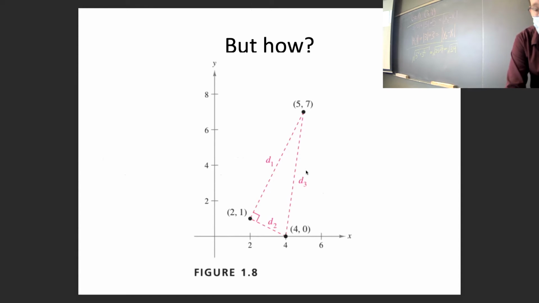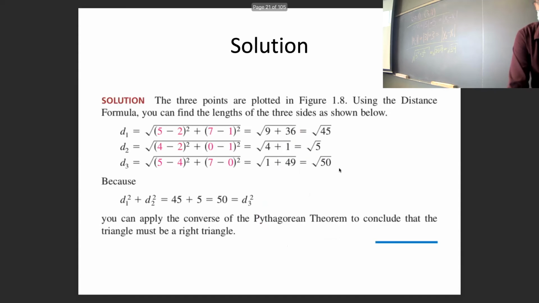That said, if we were to plot these points, we might notice that 2 of these lines are at right angles to each other. And because of that, all we've got to do is find D1 and D2, then we can apply Pythagorean to get D3. Or we can go the long route and find all 3 distances.